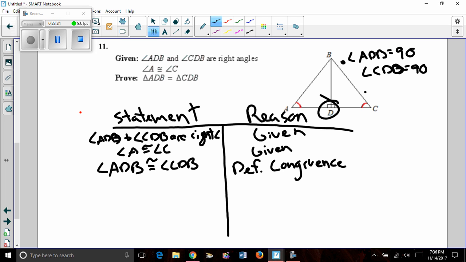My next statement could have said that the measure of angle ADB is equal to the measure of angle CDB, which is called substitution, giving me a last step, which we have here in the problem, that angle ADB is congruent to angle CDB, because the definition of congruence says when the measure of two angles are equal to each other, then those angles are congruent.